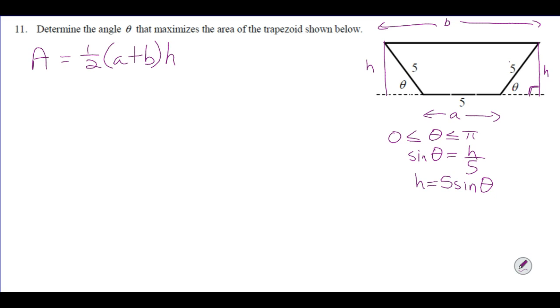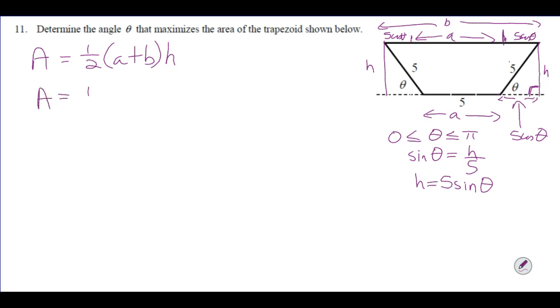What's b? Well, b is a in here plus, what's this length here? This is 5 cos theta, so b is going to be a plus 10 cos theta, that is, 5 cos theta plus 5 cos theta.